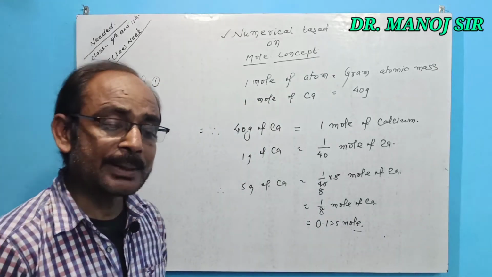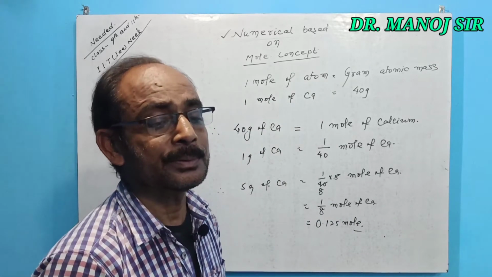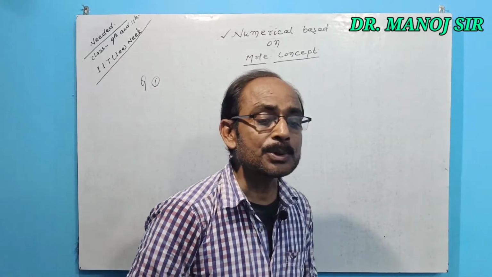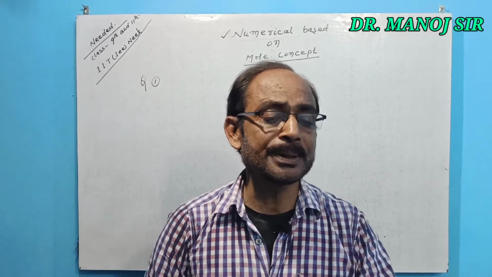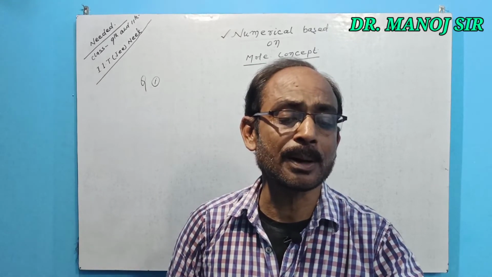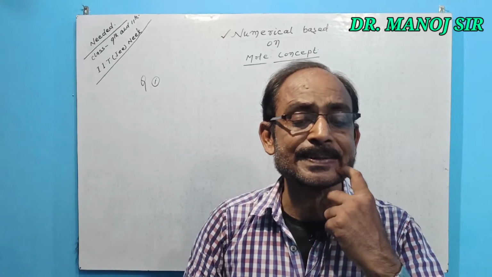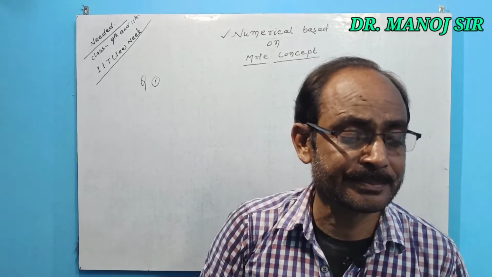The shortcut method of the same question. The question is how many moles are 5 gram of calcium if its atomic mass is 40 unit.